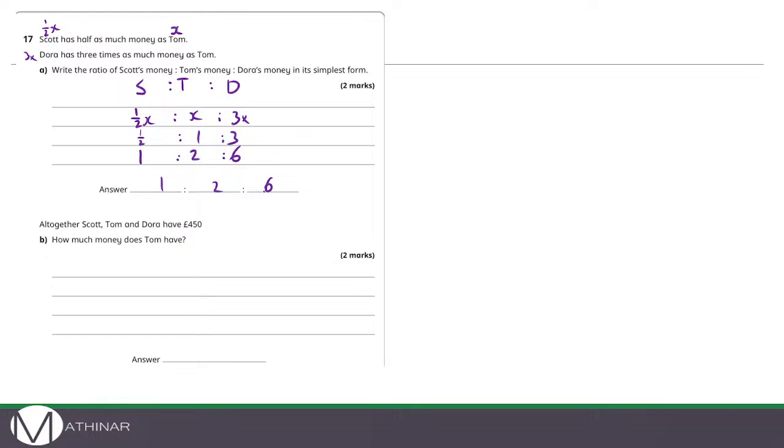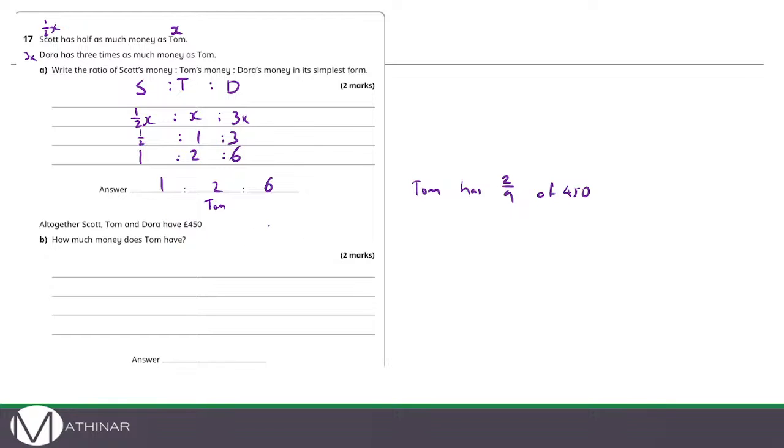Altogether, Scott, Tom and Dora all have £450. How much money does Tom have? Now Tom is this one. Okay, now Tom has 2 parts out of a total of 1 add 2 add 6, 9. So Tom has 2/9 of the total amount of 450.